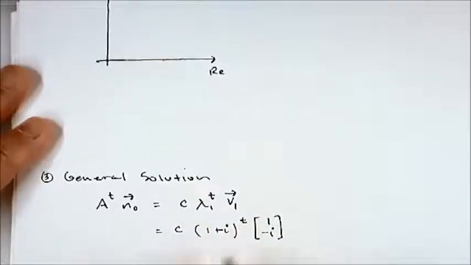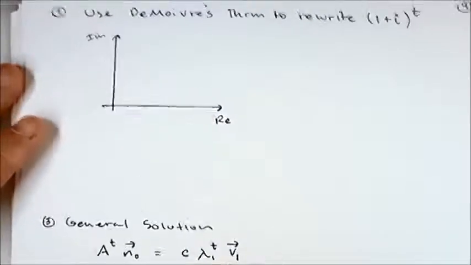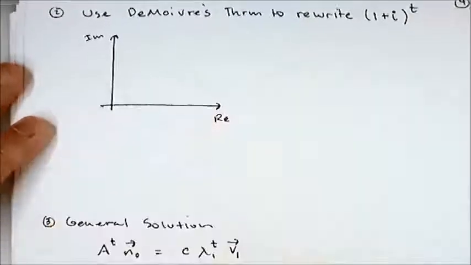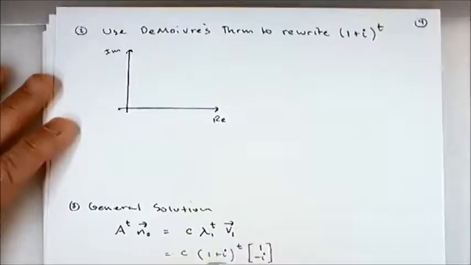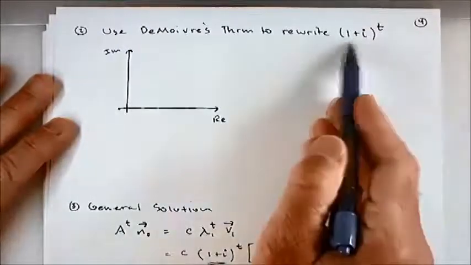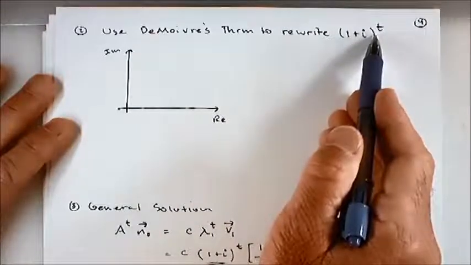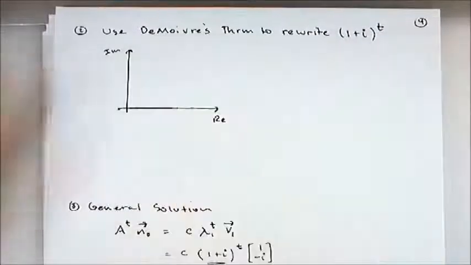But what we want to do is use de Moivre's theorem to rewrite this in terms of cosine and sine. We want to be able to rewrite 1 plus I to the t using de Moivre's theorem.